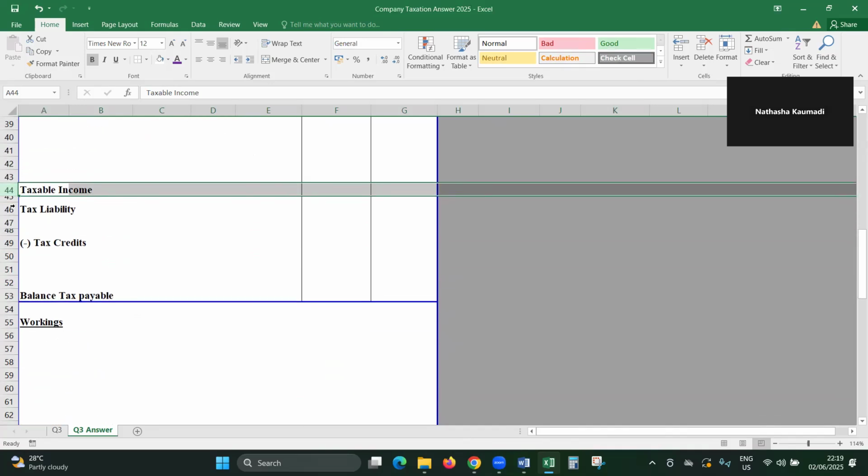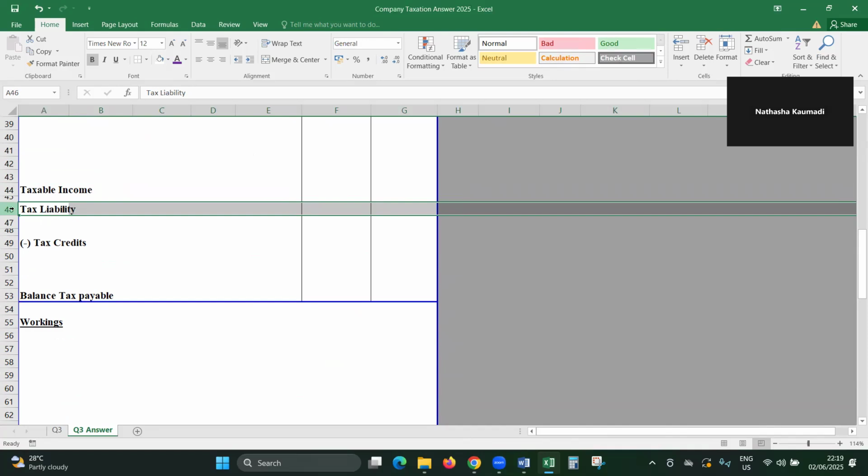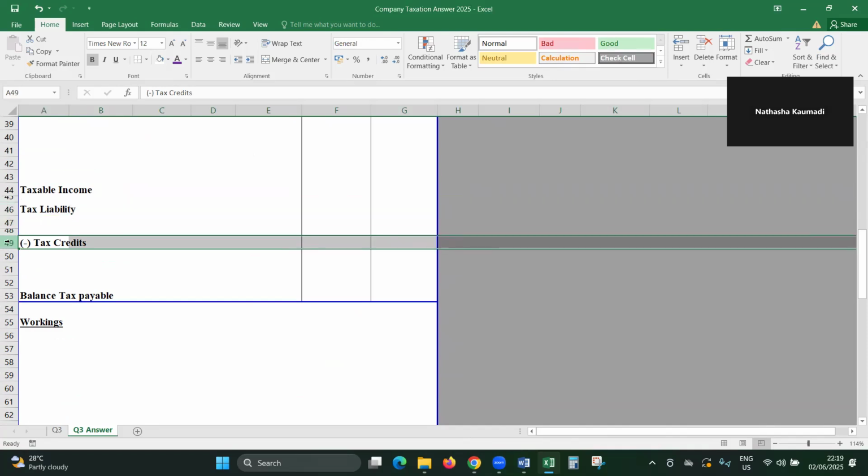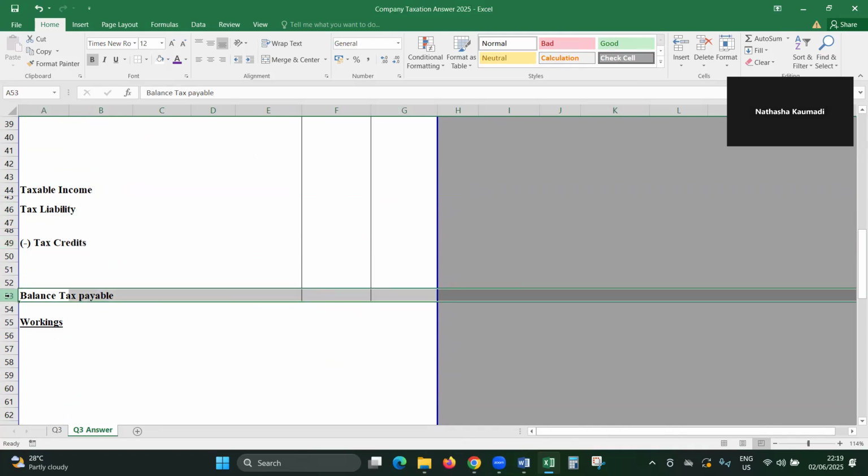And using the taxable income, you calculate the tax liability. From that, you deduct your tax credits available. And then you can have your final answer, balance income tax payable. This is the same with the income tax calculation as well, but employment income is there additionally when it comes to the structure.